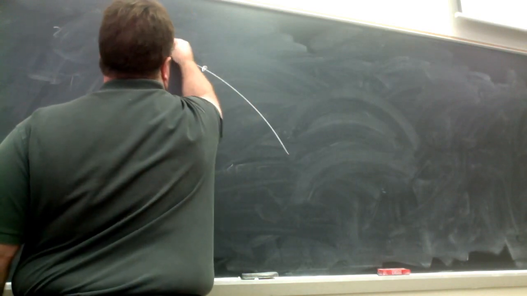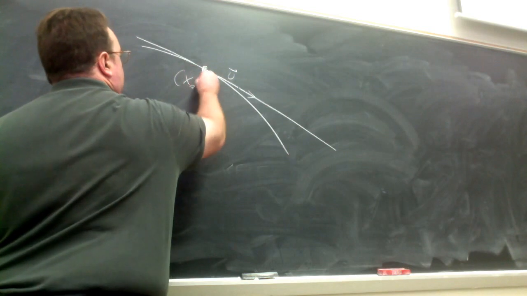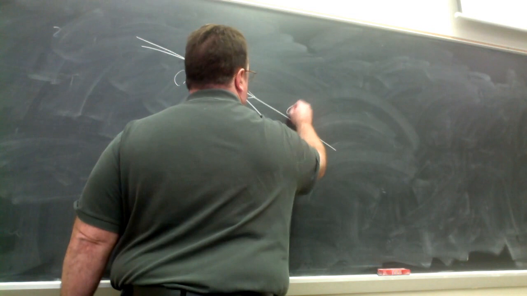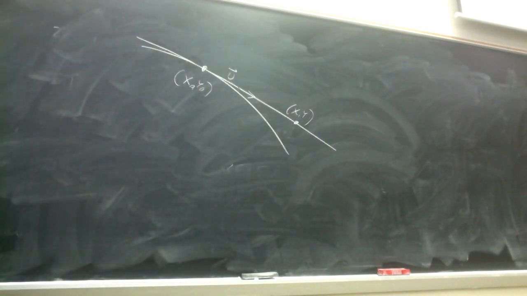Okay. So if I reproduce my picture, but now instead of just drawing the vector, I want to draw the tangent line, and the line has this direction, u, and this is my point x naught, y naught. So here we have some point xy that's on the tangent line.